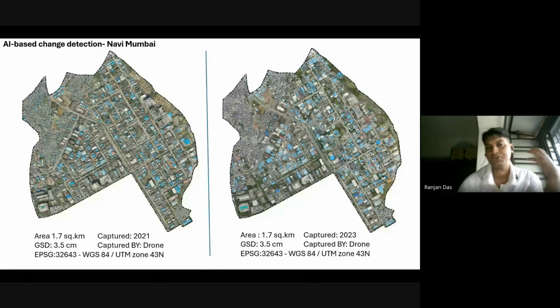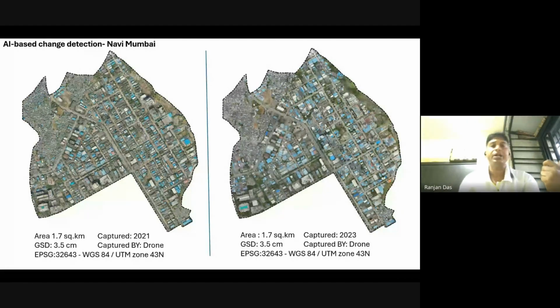The data was collected using drone flying, and it is remotely sensed because a high resolution multispectral camera was used. The data we procured is almost 3 to 4 centimeter resolution. The data was procured at two different times, one in 2021 and the second in 2023.